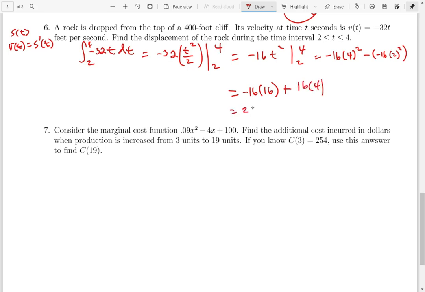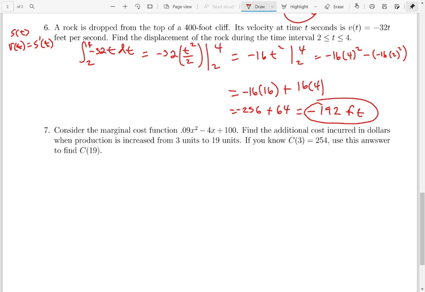This is negative 256 plus 64, which I get to be negative 192 feet. Now, if you're concerned about that displacement being negative, a rock is dropped from the top of a cliff, and so velocity pulls it down, and therefore it is at negative 192 feet, below its starting place.